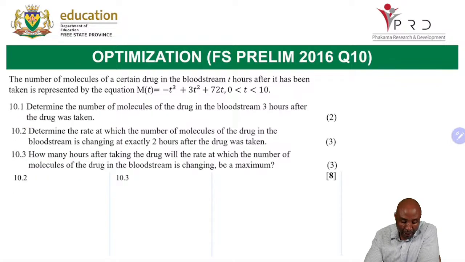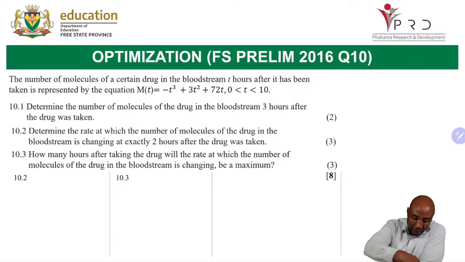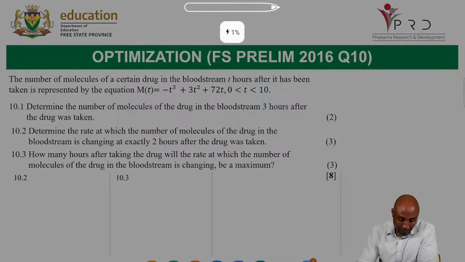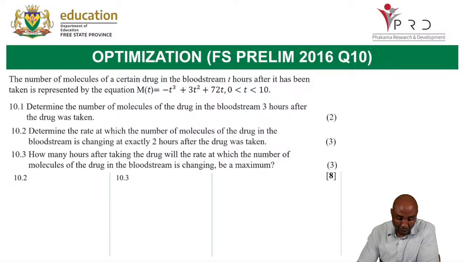I had chosen this one, where we are given that the number of molecules of a certain drug in the bloodstream t hours after it has been taken is represented below. And we are told that the function is M(t) equals t negative t cubed plus 3t squared plus 72t, between 0 and 10 hours.